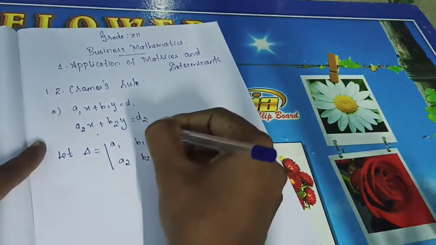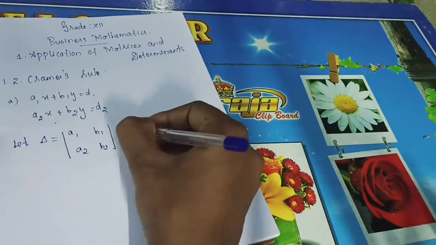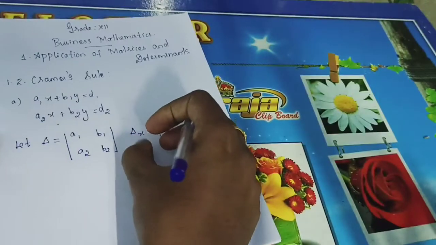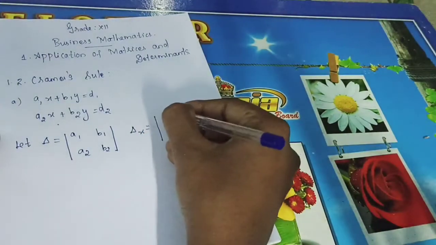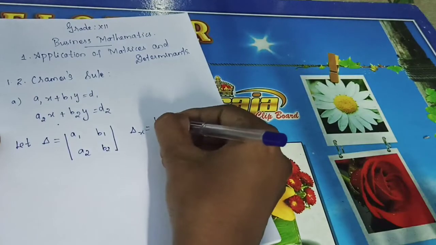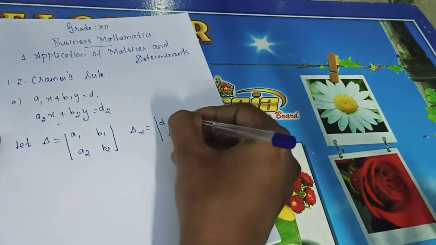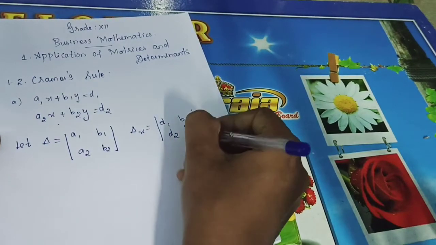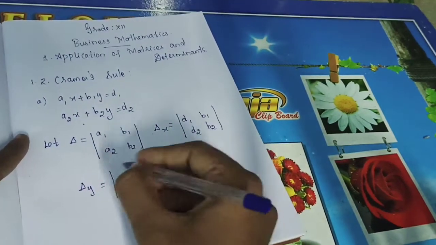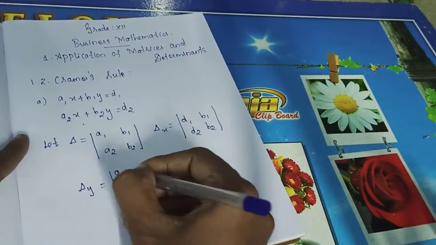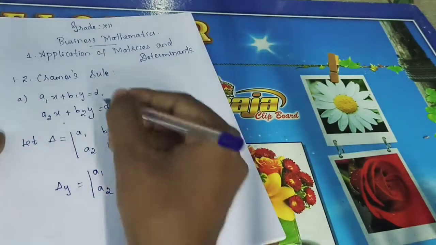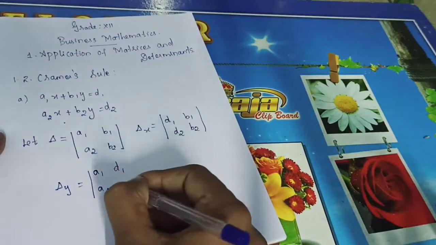Next, when you are finding delta x, you bring d1 and d2 to the first column, and b1, b2 remain the same. Then delta y means in the place of y, a1, a2 stay as they are, and in the place of y you bring d1 and d2.